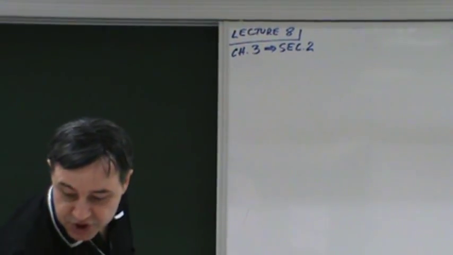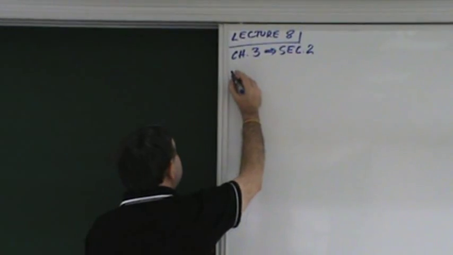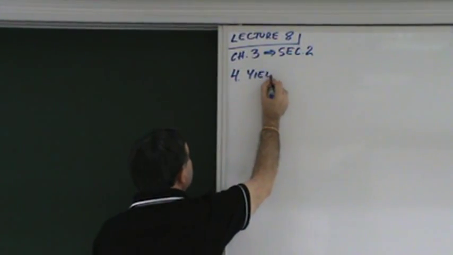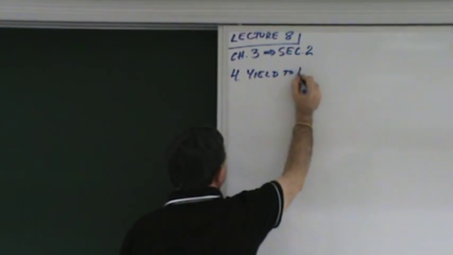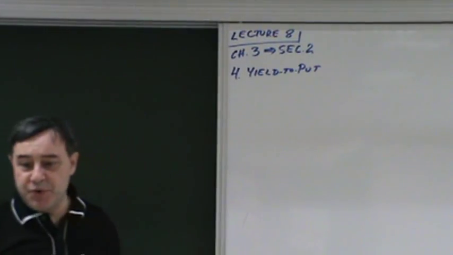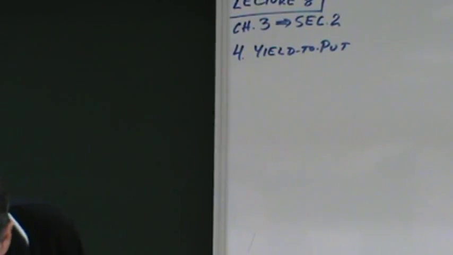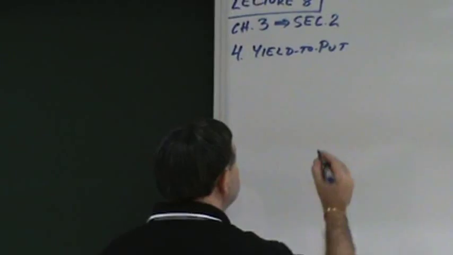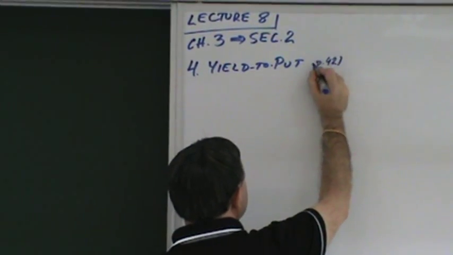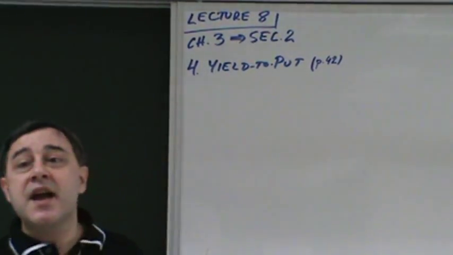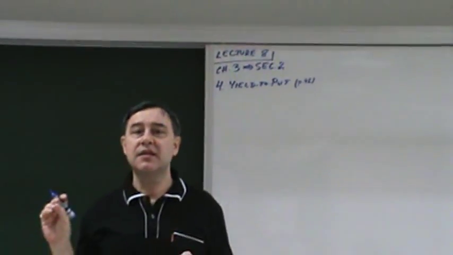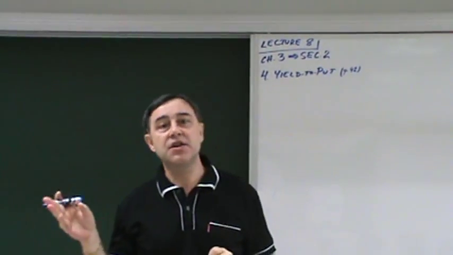The next measure is number 4, yield to put, and yield to put is on page 42. Yield to put works exactly the way it works for yield to call.